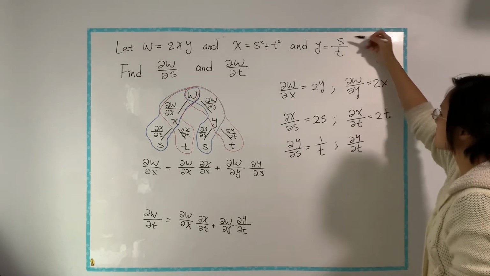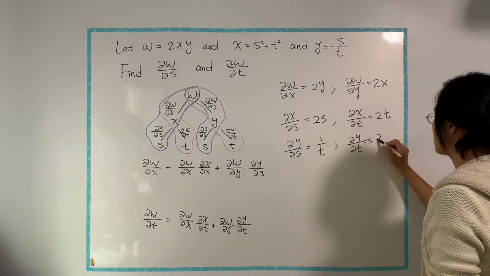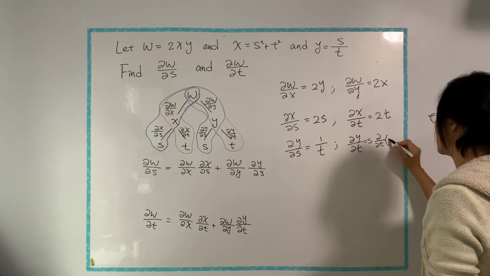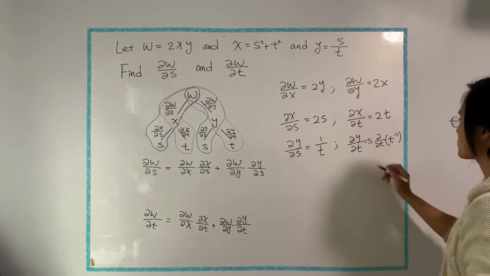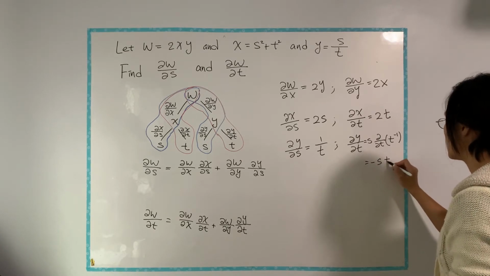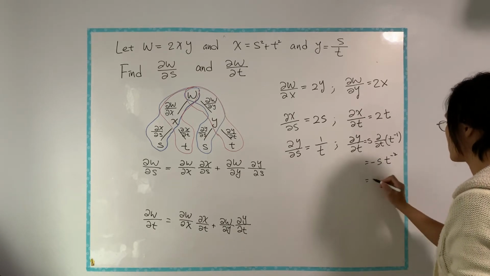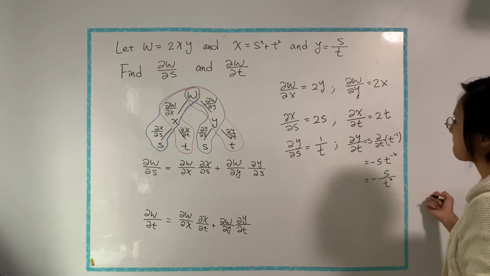Okay, so s is a constant, so leave the s there. And focus on differentiating 1 over t. So this is t to the minus 1. So that's minus s t to the minus 2. So this is a negative s over t squared. Okay?